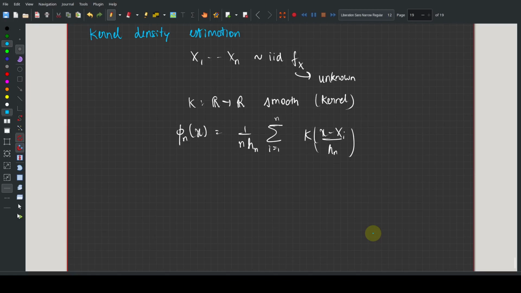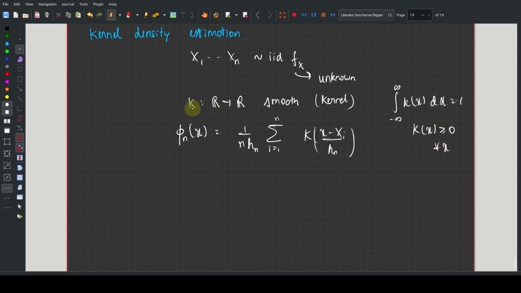There are different ways of doing so, and one particular approach is to choose a smooth function k, which also satisfies the property that the integral from minus infinity to infinity of k of x dx is equal to 1, and k of x is greater than or equal to 0 for all x.